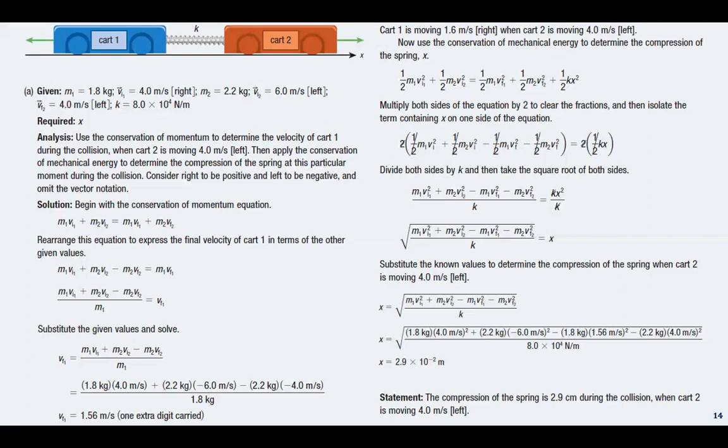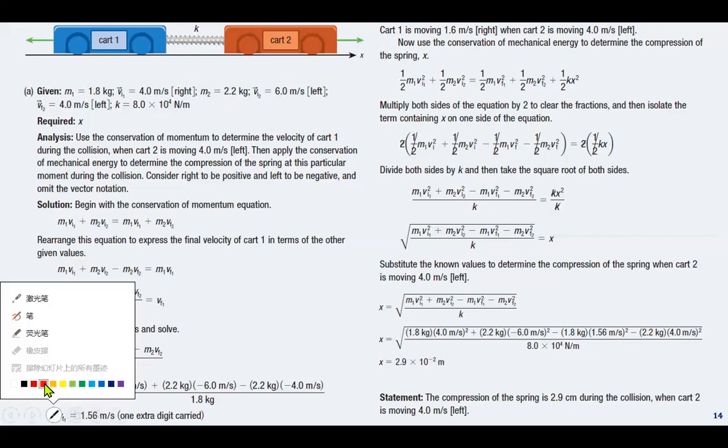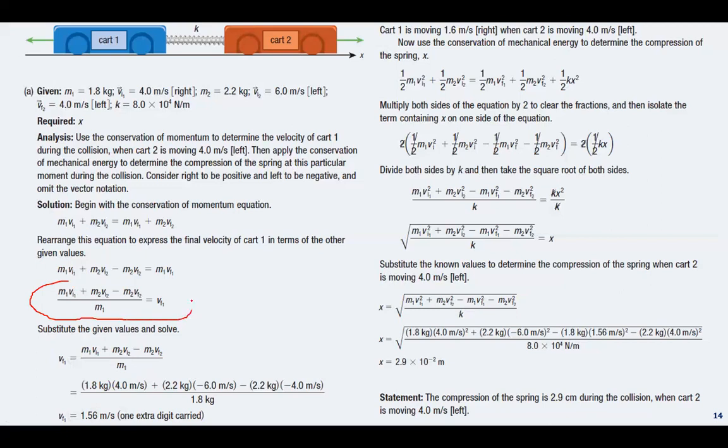So we have vf1 equals (m1 vi1 plus m2 vi2 minus m2 vf2) over m1, which is shown here. Then substitute the given values and solve. Simply put all the values in. We have vf1 equals 1.56 meters per second here.